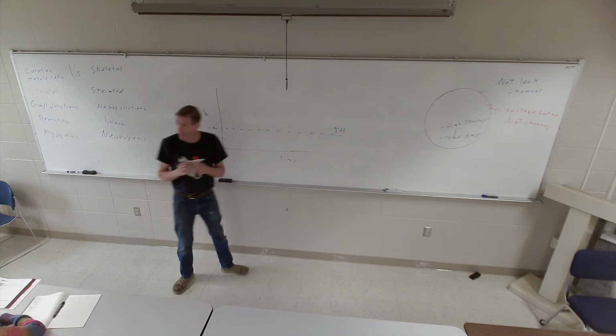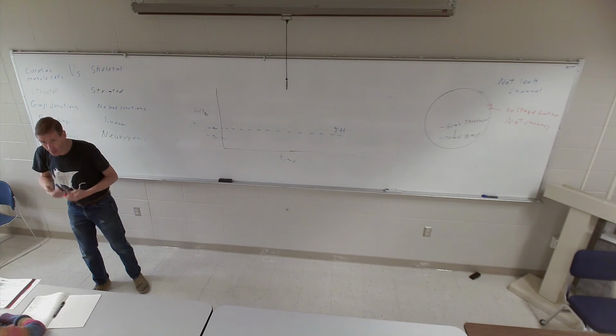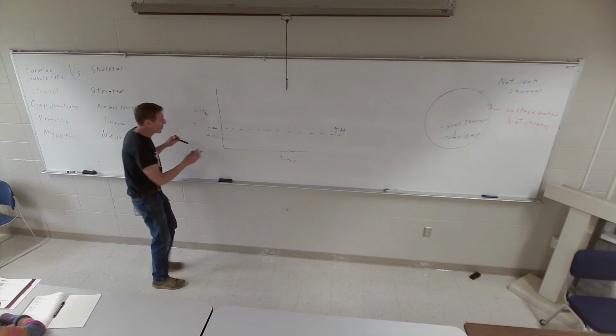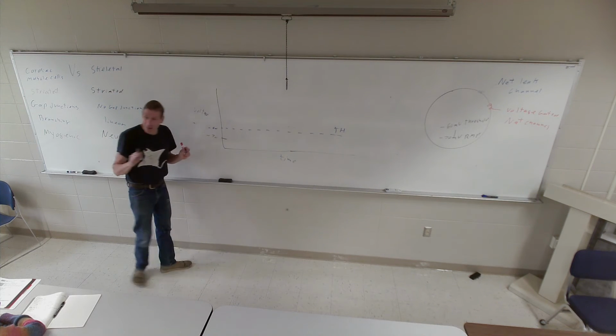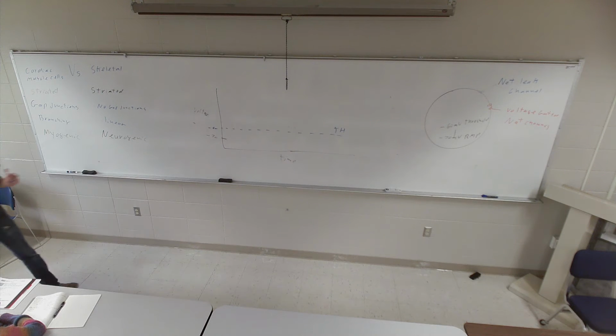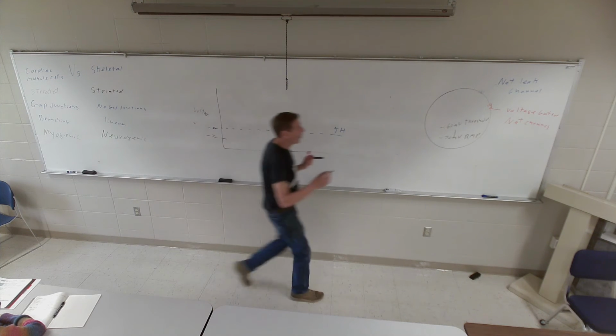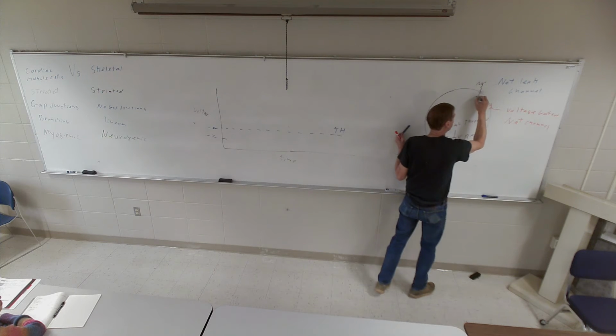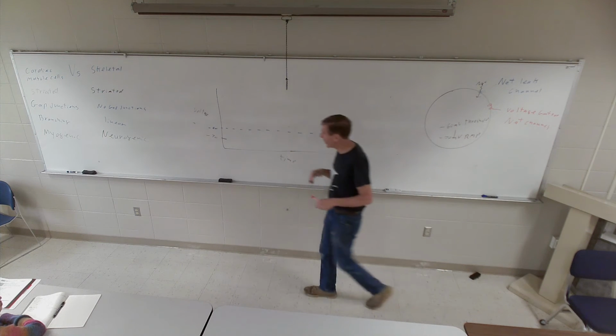The blue dashed line represents the threshold. If that cell hits the threshold, it'll generate an action potential just like an axon, just like a skeletal muscle. But here's kind of what happens. We're at our resting membrane potential of negative 70 millivolts. But because of this leak channel, like a little pinhole, it allows sodium ions to very slowly dribble in by diffusion, following their concentration gradient.